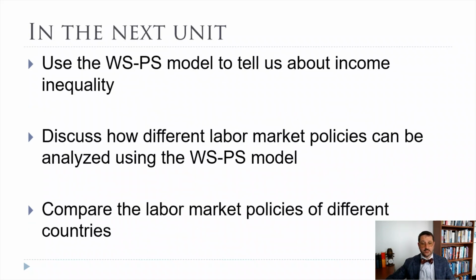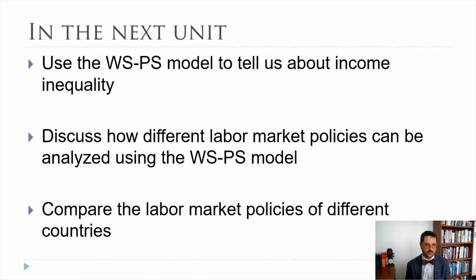So in the next unit, we're going to start talking about income inequality. We'll use our wage-setting and price-setting model to think about income inequality and lots of labor market policies, what we'll often call institutions, even though it's a slightly different meaning of the word than in everyday language.